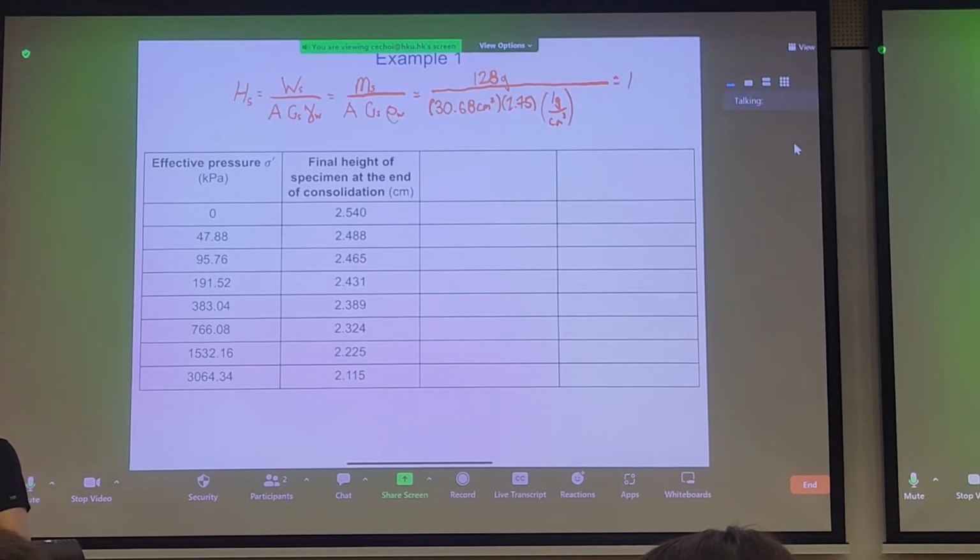And we'll get about 1.52 centimeters. So that's the height of the solids. If you flip back a few slides, you'll see why we're calculating the height of solids, because we want to calculate the height of voids. And the height of voids is the initial height minus the height of solids.